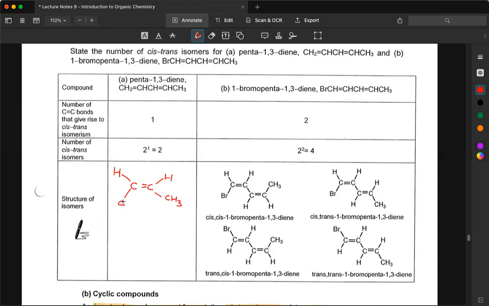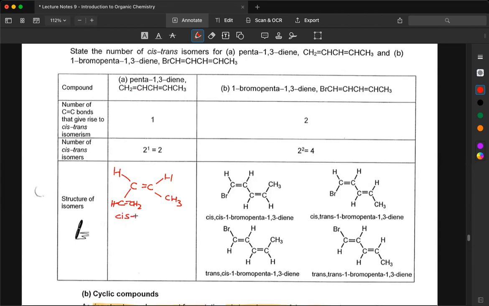This is correct. So this one is cis because these two larger groups are on the same side.